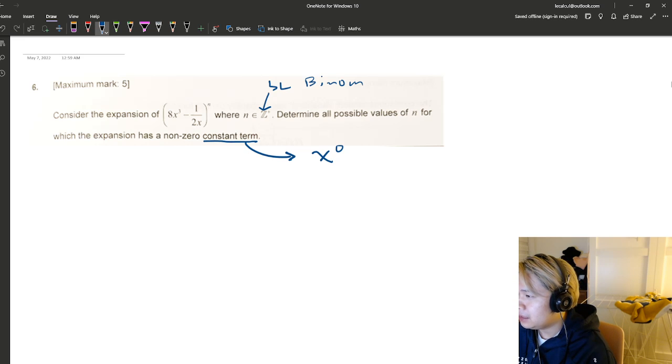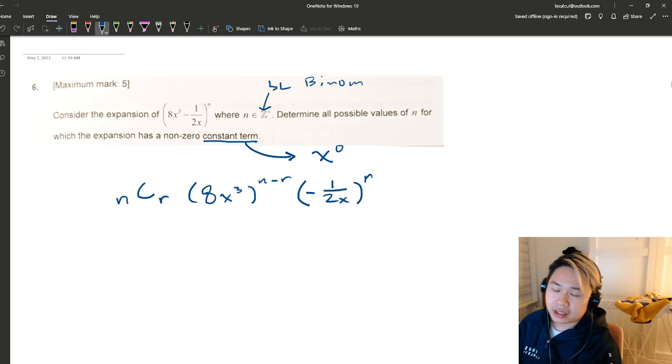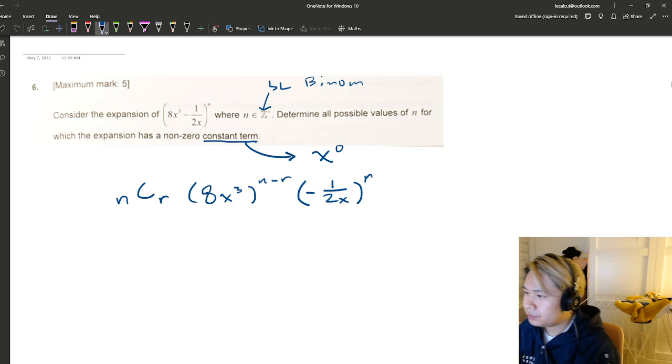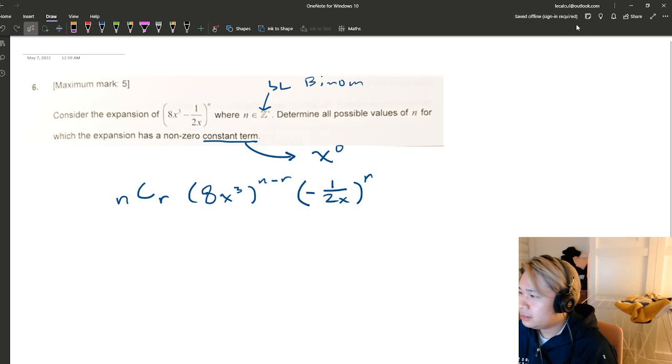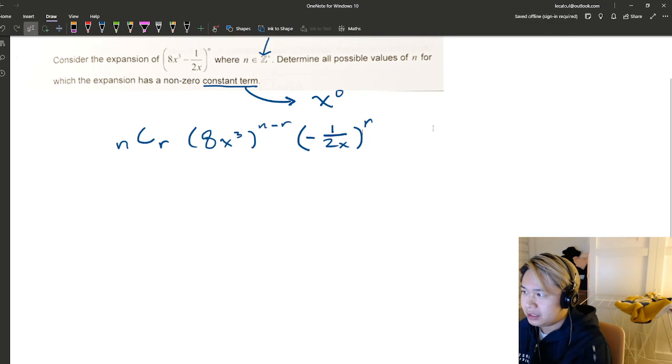So what would this be? nCr times 8x cubed to the power of n minus r, times negative 1 over 2x to the power of r. Okay, so here is our general term, and then we need to find what possible values of n will make this have a non-zero constant term.